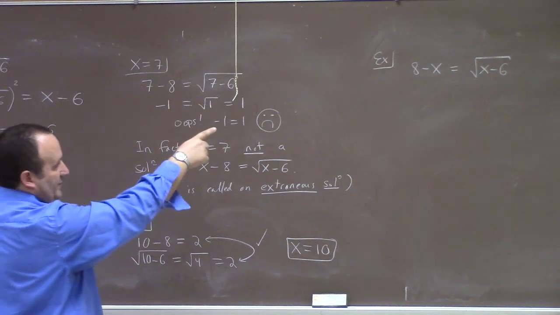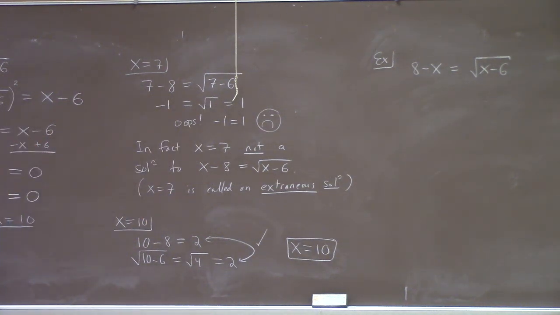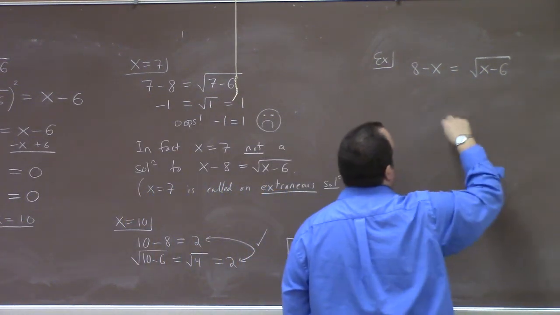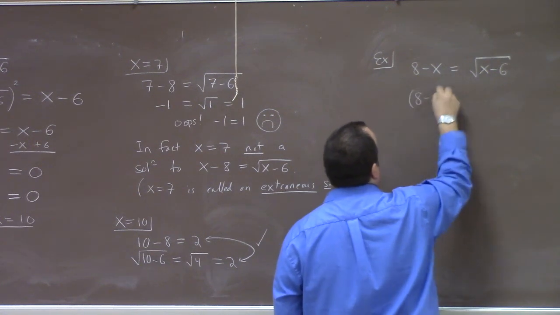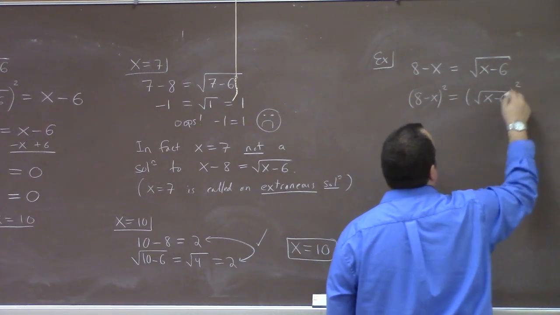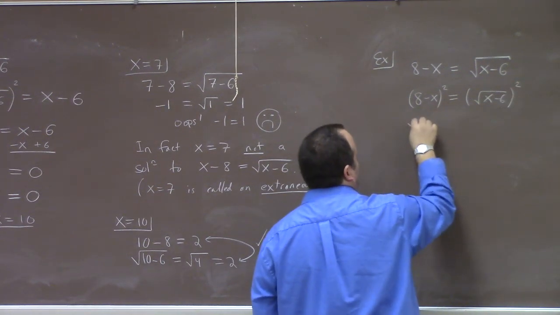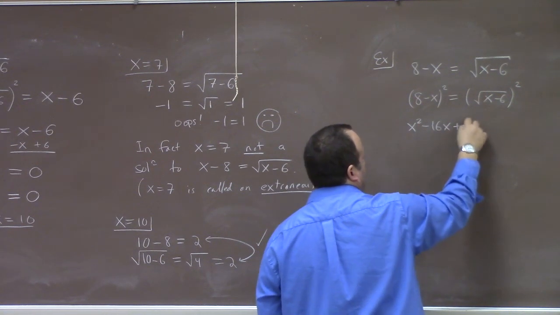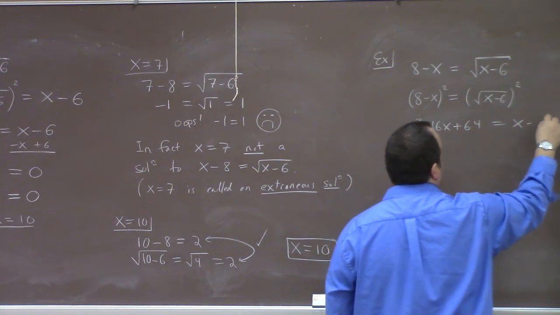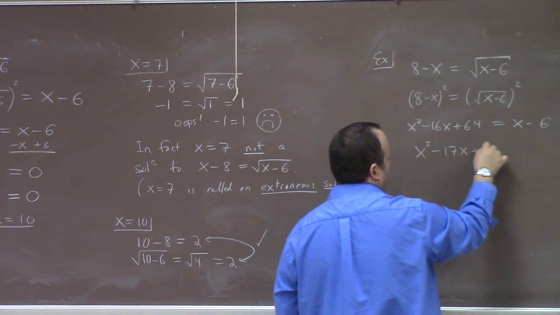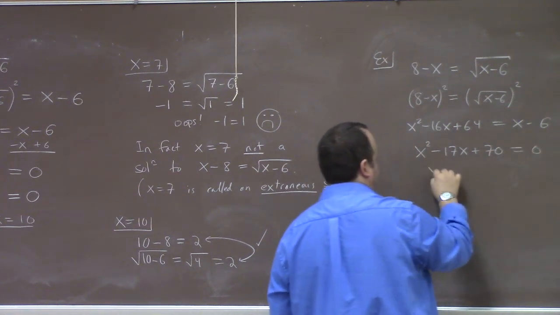So here's a different problem. 8 minus x equals the square root of x minus 6, right? How would you solve that problem? Square it, right? So my point is that this problem gets you to the same quadratic equation.